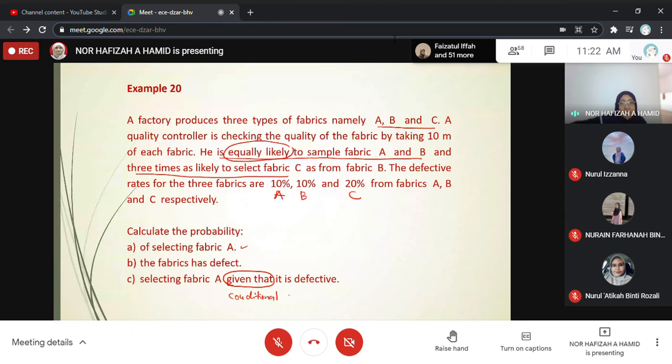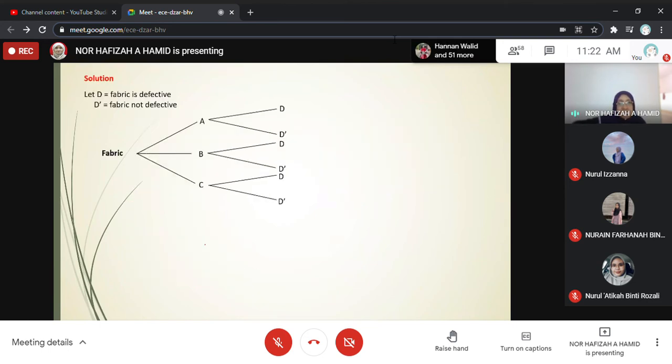Usually the keyword is given that. So you refer to the tree diagram. For the probability of selecting fabric A, they did not give it. They only said A and B are equal, so you can assume it as X.